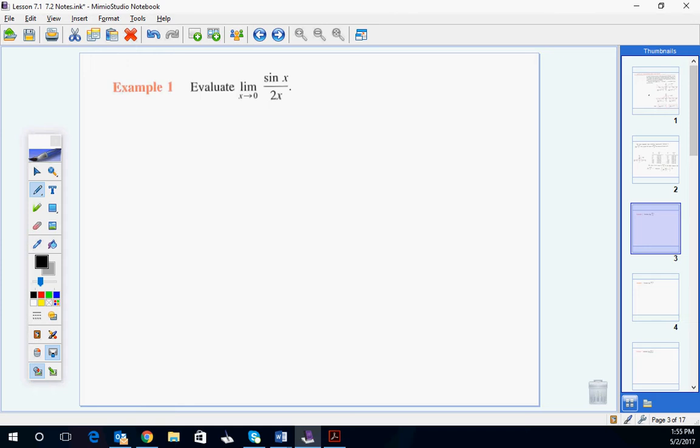How can I make this sine x over x? Yeah, 1 over 2, so we can pull the half out, right? If we pull the half out, that's all we have to do.